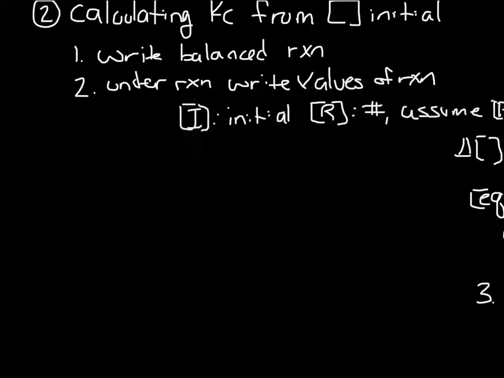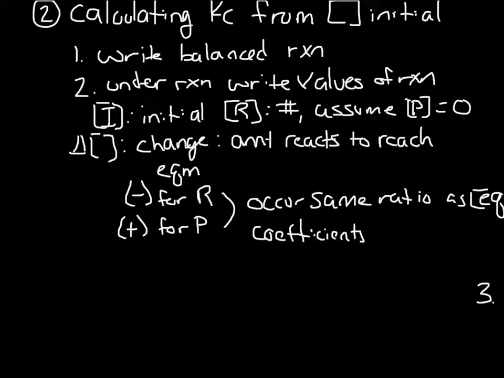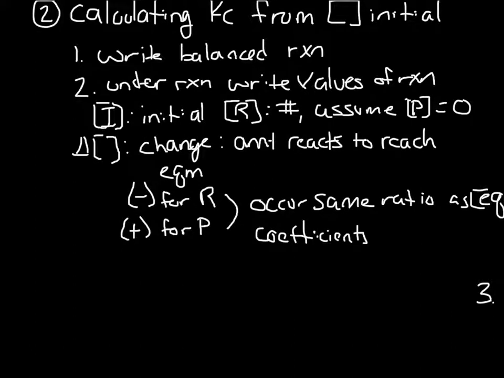The first line is your initial concentration. So you're going to be given the initial concentration of your reactants. You're going to put that number underneath the reactants. We are going to assume product concentrations are 0 at the beginning of this reaction. The second line is the change in concentration.